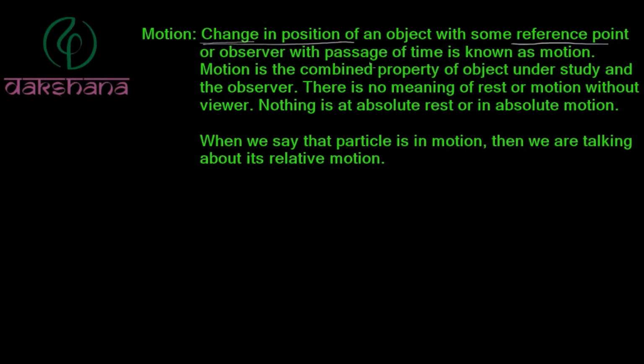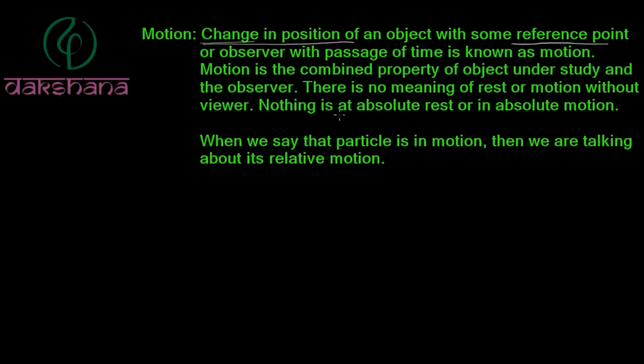So whenever we have to define the motion of an object, we have to choose a reference point, and with that reference point we define the position of the object. As the position of the object is changing, we can say that it is in motion. So motion is the combined property of the object under study and the observer. There is no meaning of rest or motion without an observer.